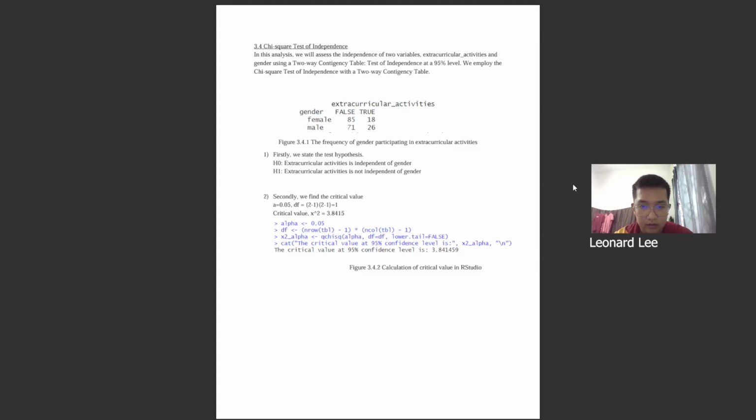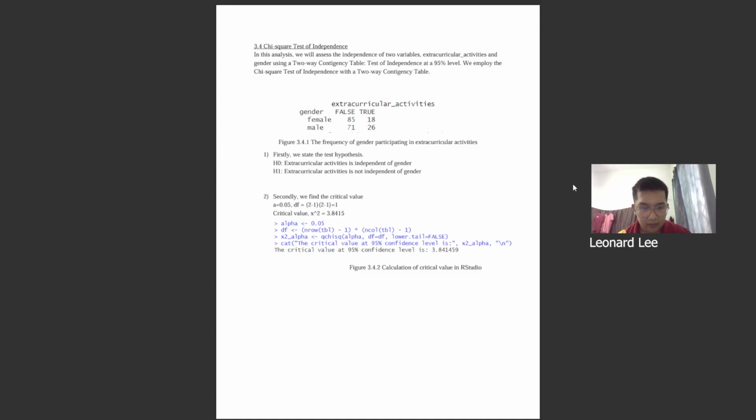For female, only 18 participate in extracurricular activities, while 85 didn't participate. For the male, 26 participate and 71 didn't participate.